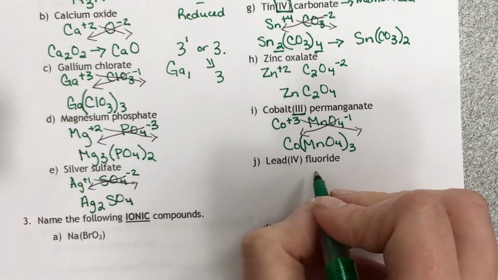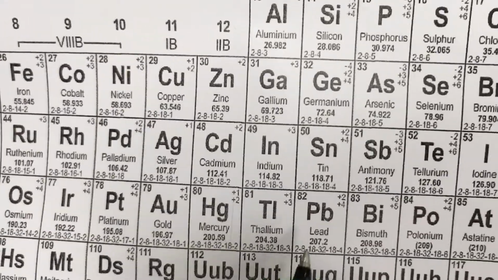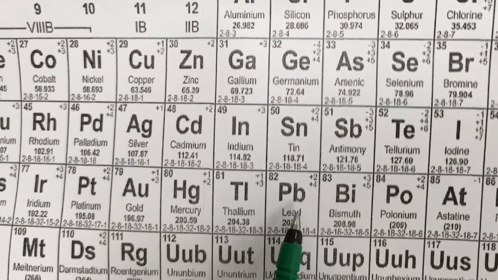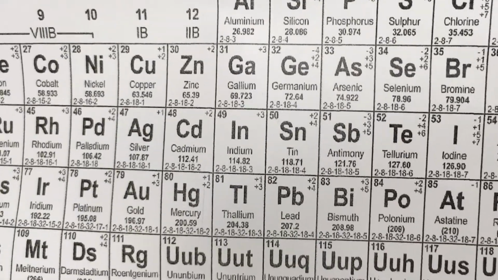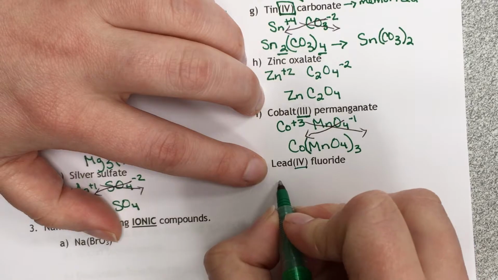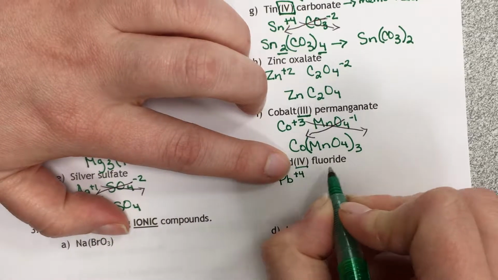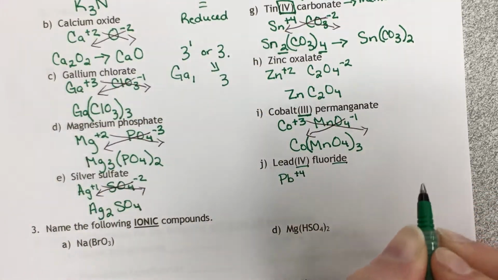Okay. Lead 4 fluoride. So lead is Pb right here, okay? And it could be a +2 charge or a +4 charge. So in order for us to know which charge, we look at the Roman numeral. So it's Pb. It is a +4 because it tells me right here. Fluoride. So you see that ide ending.